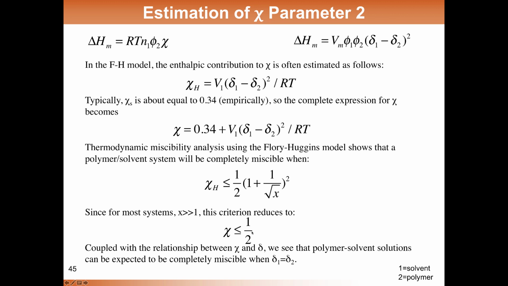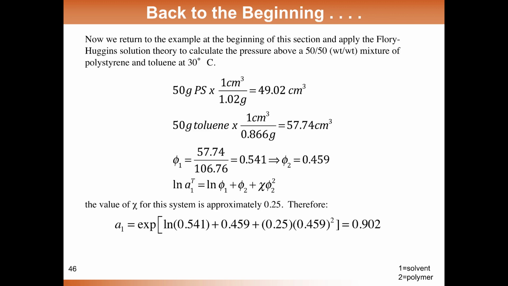And so when chi values are low, it means that delta H of mixing values are low, and that you see more and more random type mixing, which favors mixing of polymer and solvent. So low chi values favor high solubility of polymers and solvents.